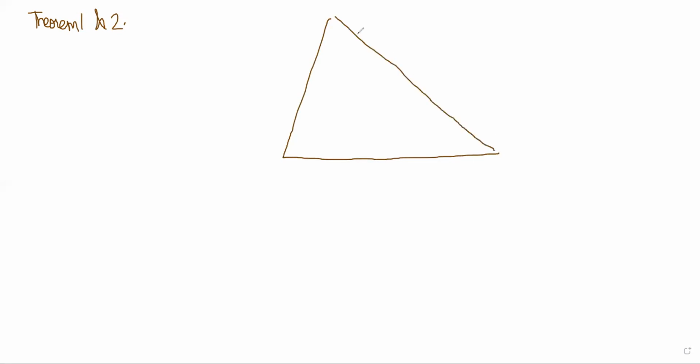Then with theorem 1 and 2 combined, in the triangle ABC we have these midpoints A1, B1, C1.